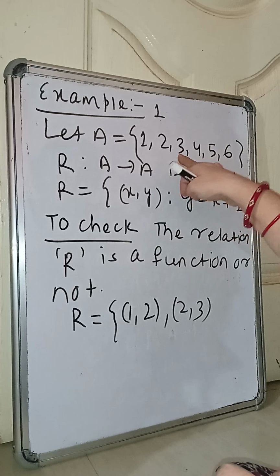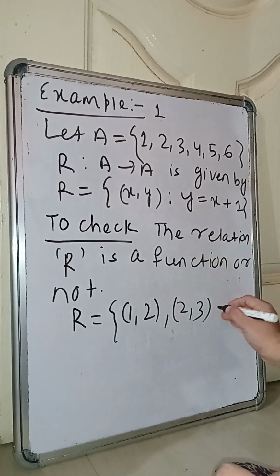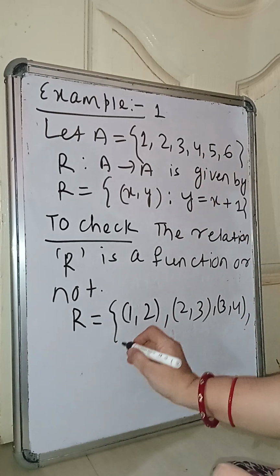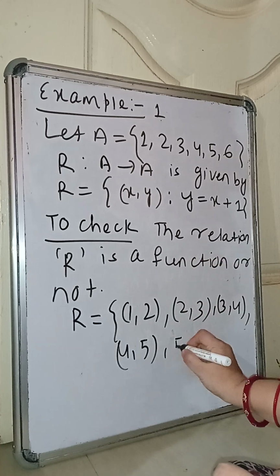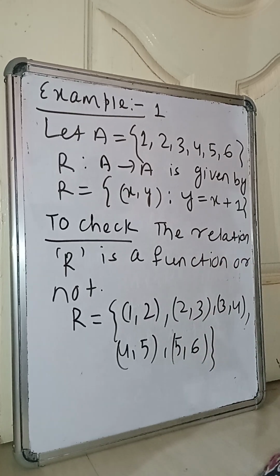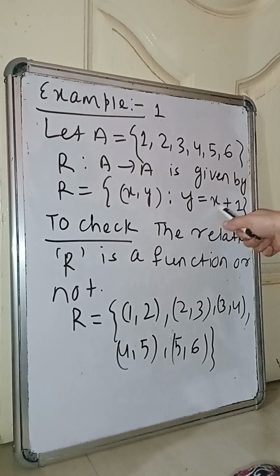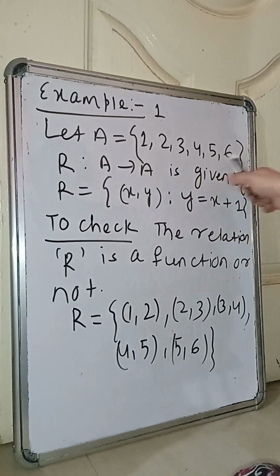When x equal to 3, 3 plus 1, that is y equal to 4. So next is (3, 4). Similarly (4, 5), then (5, 6), up to this. But why not next? If you consider 6 here, 6 plus 1, y will be 7. 7 is not in set A.